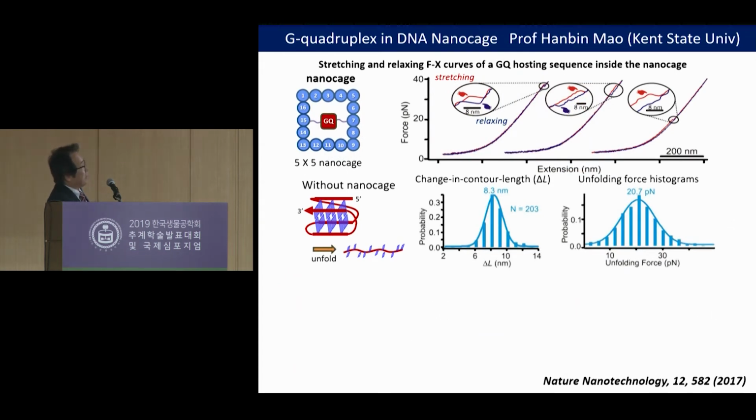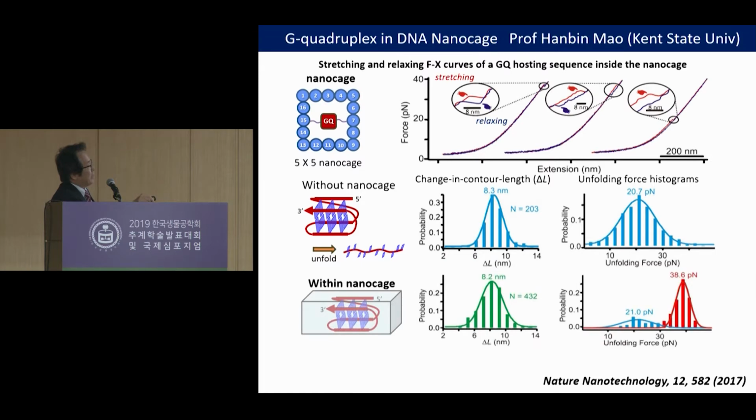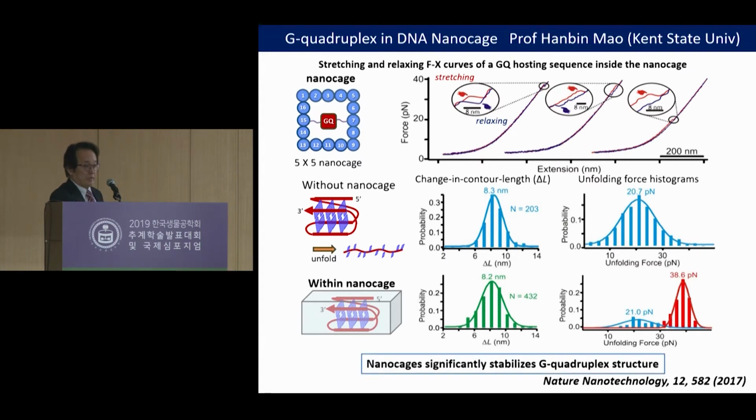Without nanocage, the contour length is about 8.3 nanometer, and unfolding force is 20.7 piconewton. However, inside the nanocage, the contour length stays constant. However, unfolding force is almost double, clearly indicating the nanocage stabilizes the G quadruplex.